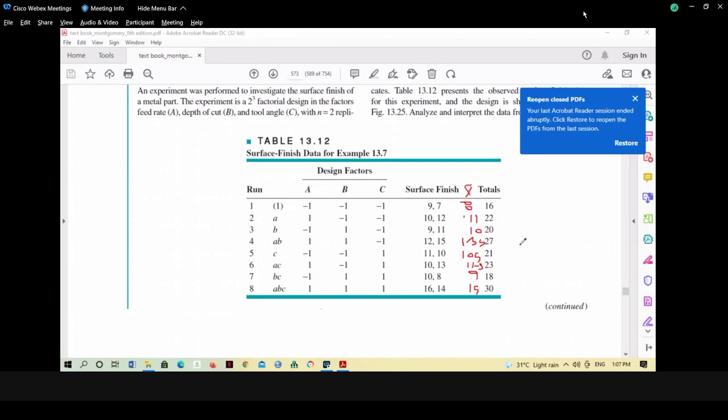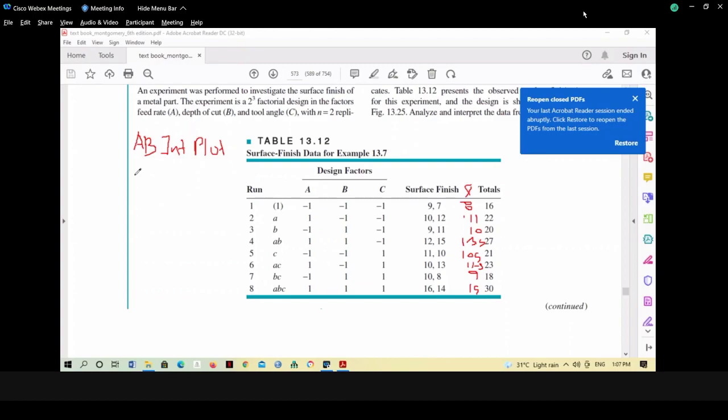So we need to construct the AB interaction plot. In order to construct the AB interaction plot graphically, you need to do it like this.